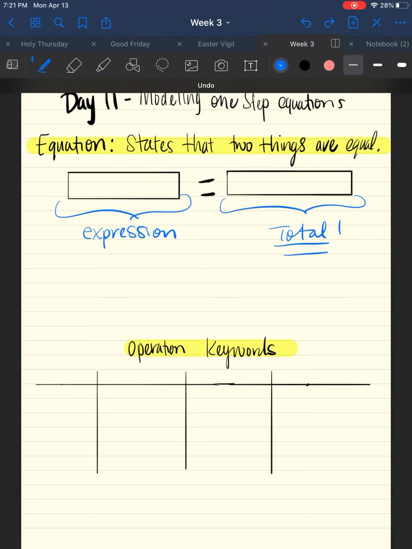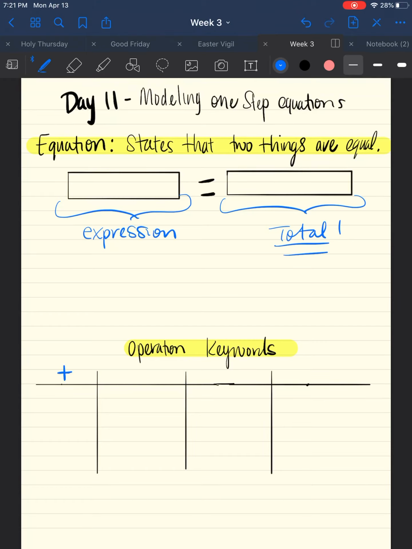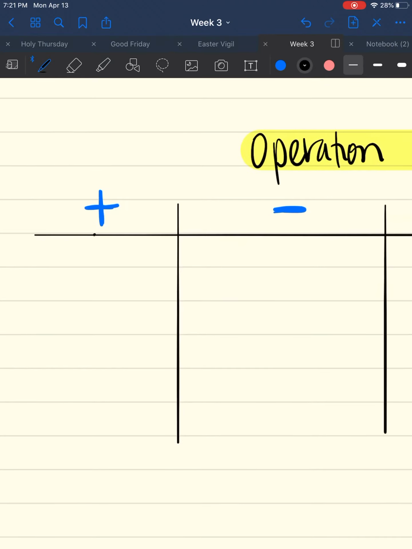So I'm going to put this is for addition, and let's try to think about different words that could represent a different operation. Some keywords that represent addition, I'm only going to mention some, not all. And I encourage you that as you are doing some practice problems, you start adding into your anchor chart. One of the most famous ones for addition is the word sum.